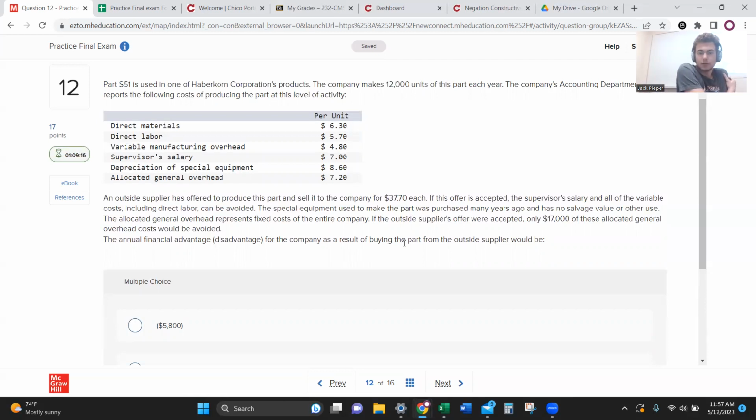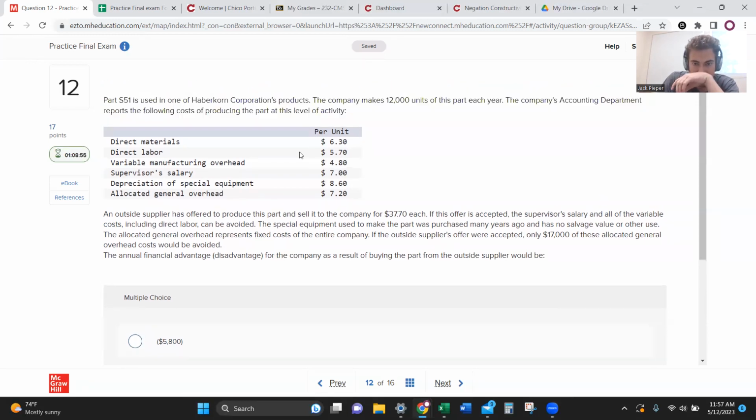For this one, we're looking at the financial advantage or disadvantage of the company buying from outside. A company has a specific amount of production that it's capable of doing, and you need to make decisions based on that. Do we want to make this in-house, or do we want to free up some space and make it somewhere else?